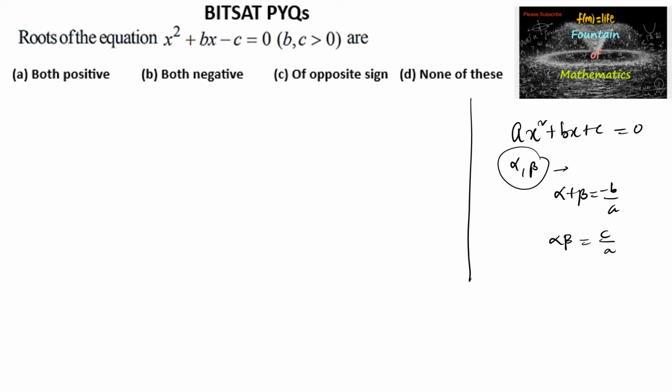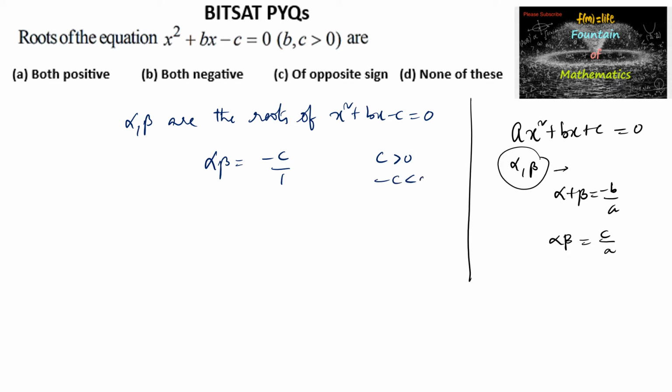Let us assume here alpha and beta are the roots of x square plus bx minus c is equal to 0, and then product of the roots is equal to minus c upon 1, and c is positive, so negative c will be negative, so we can say alpha beta is negative. Product of two numbers is negative, which implies that alpha and beta must be of different sign.